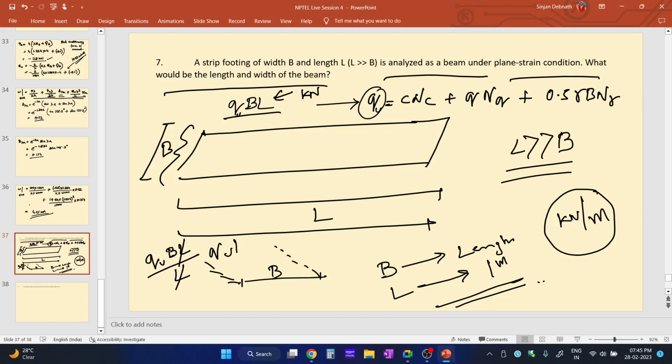So Qu into B, that means kilonewton per meter square into meter, so kilonewton per meter, because that is a plane strain problem. We were considering its breadth only, not length. Length was unity.